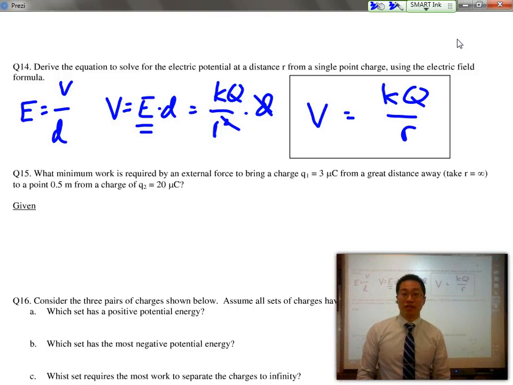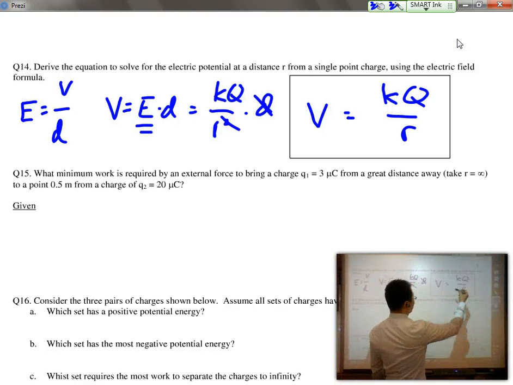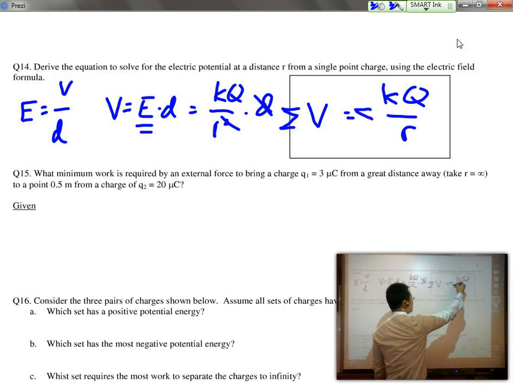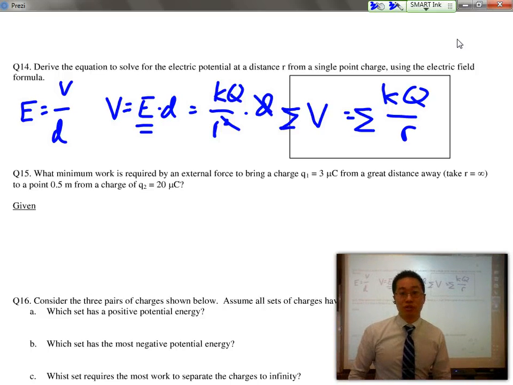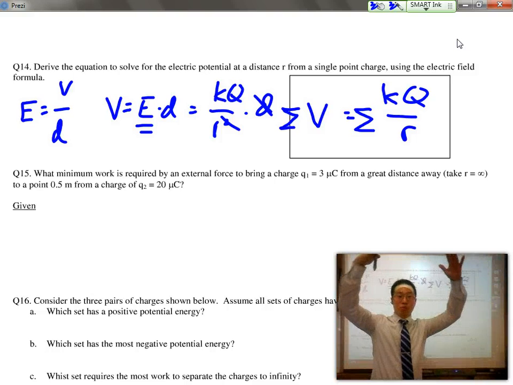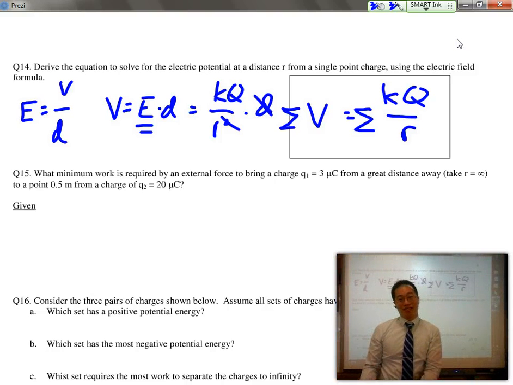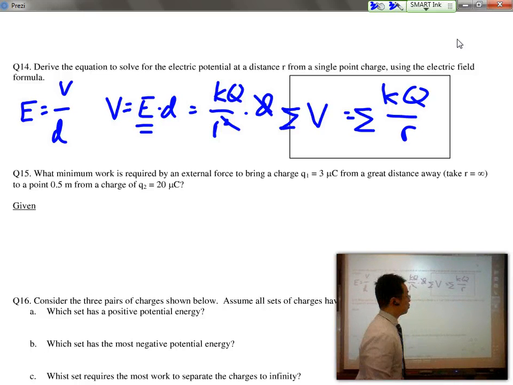Okay? But in this case, I'm going to write down also sigma V and sigma KQ over R, because if there's more than one charge producing electric potential, one makes a big hill, one makes a little hill. Somehow we're going to add those heights or those electric potentials up. So that's why we're going to use the summation symbol. Okay, you simply add them up.